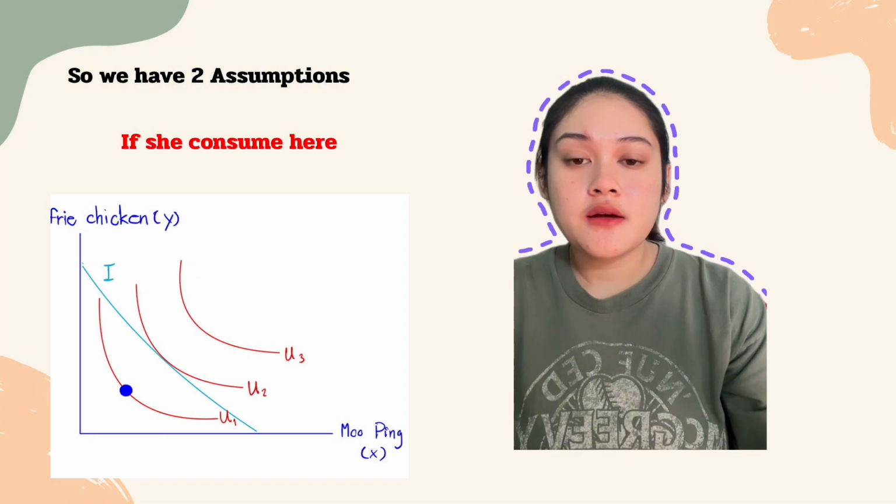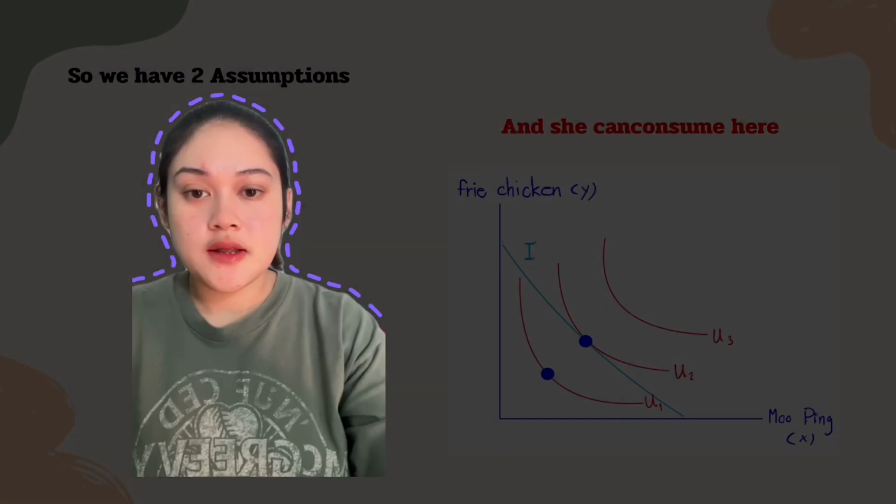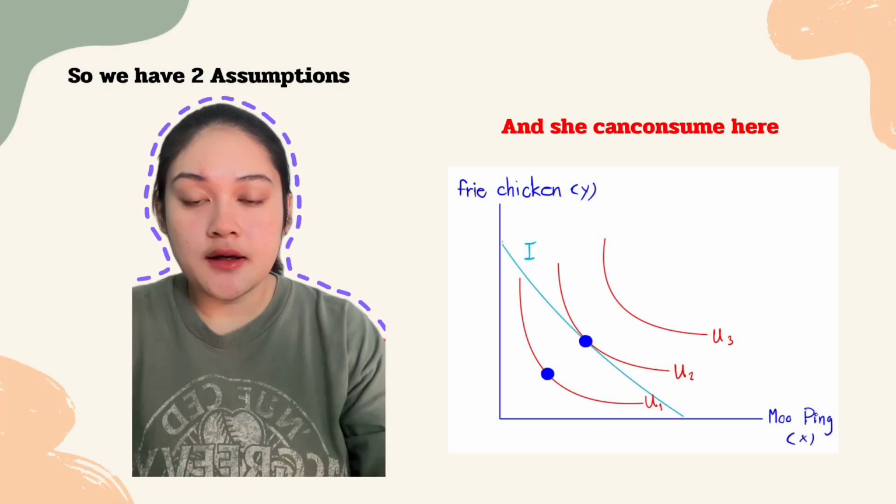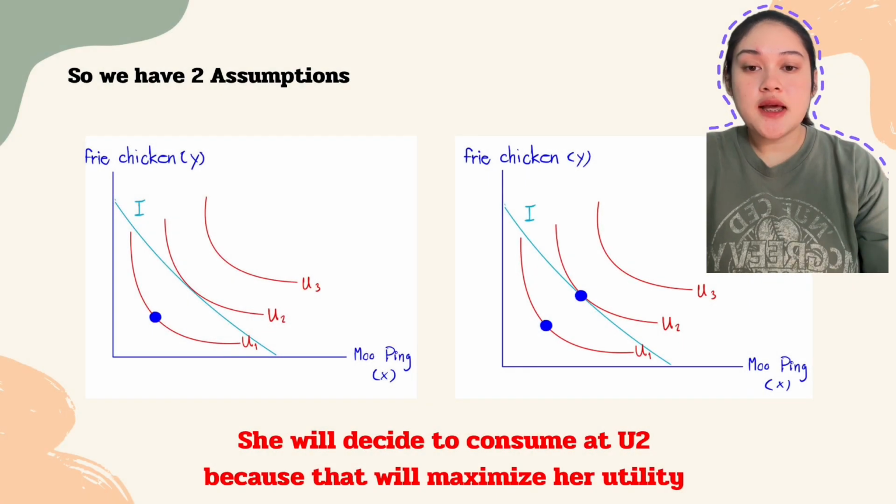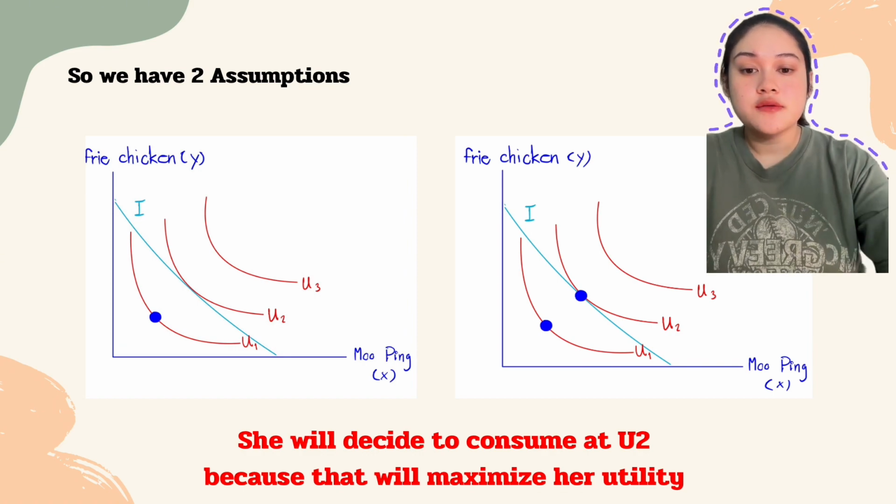If she consumes here and she consumes here, she will decide to consume at U2 because that will maximize her utility.